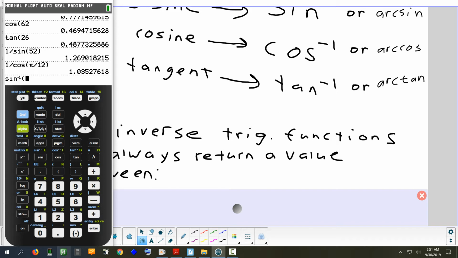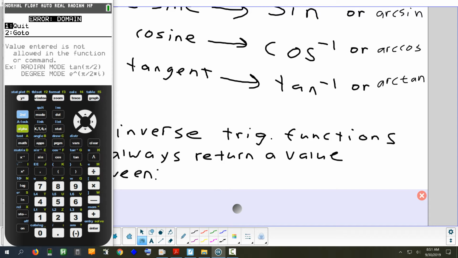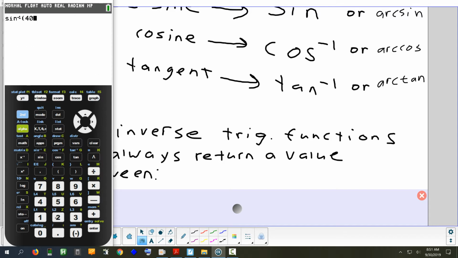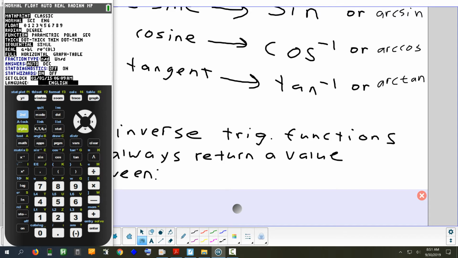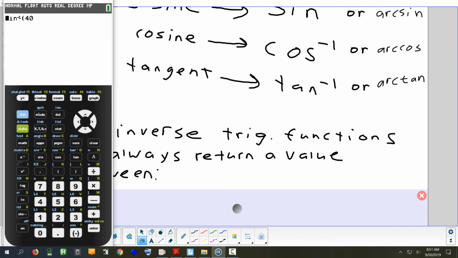Let's just type in inverse sine of 40 degrees. Oops, I'm not in degrees. Another thing that's going to be important this week is making sure you're in the right mode, radians or degrees. All right, so let's type in sine of 40 degrees, 0.64.